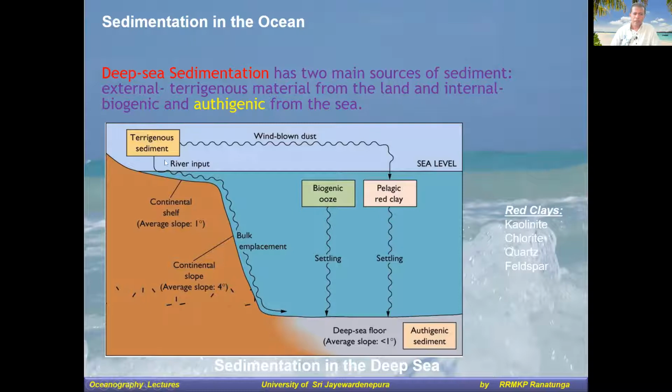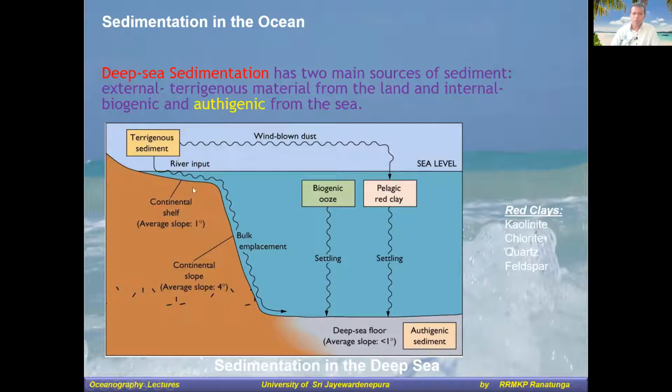The Terrigenous sediments, if you remember last week, I think I mentioned that Terrigenous means the sediment that formed from the rocks, whether through weathering or erosion of rocks. That sediment gets into the sea mainly from the river inputs when they are deposited in the continental shelf, or even beyond that through the turbidity currents.